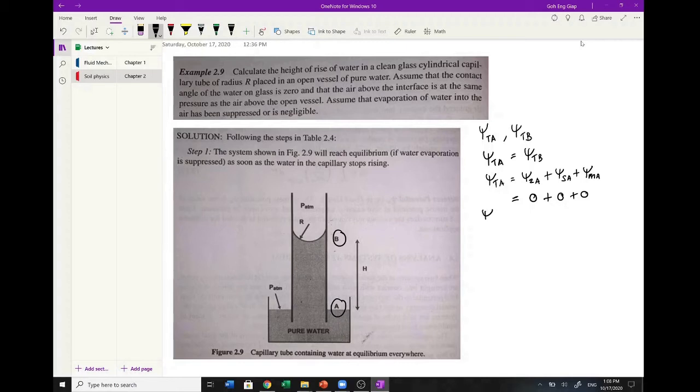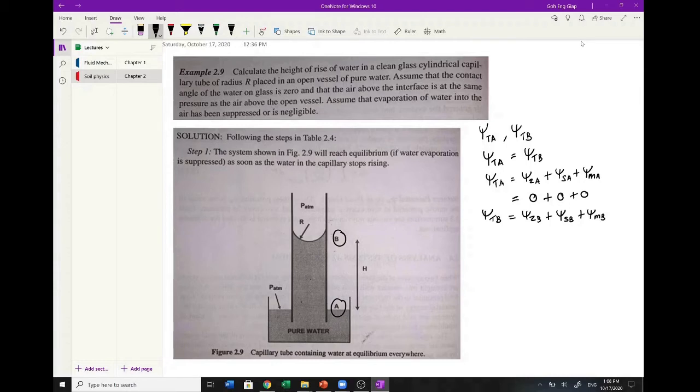Now we try to find the total potential for point B. So the components are the same: gravitational potential, solute potential, and the metric potential for point B as well.